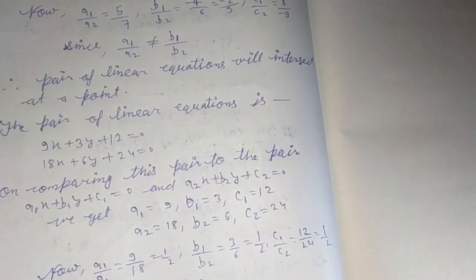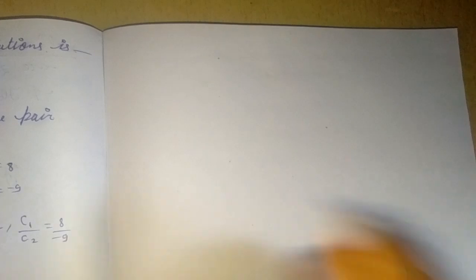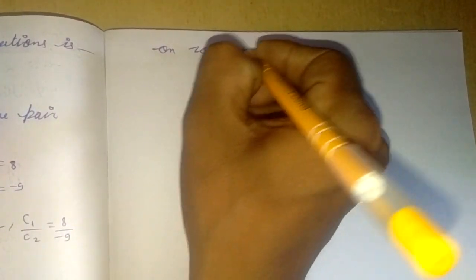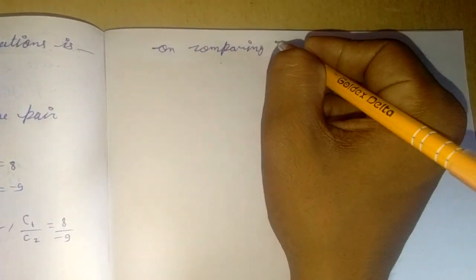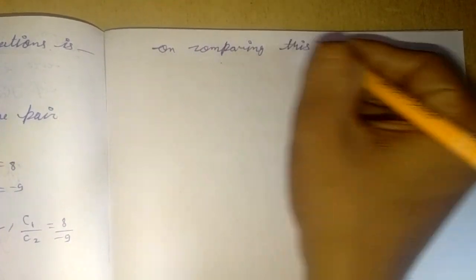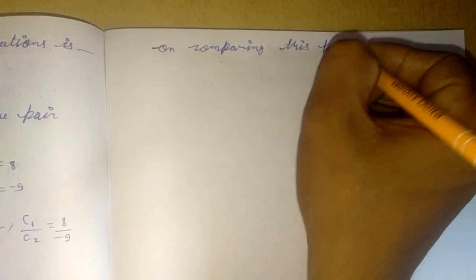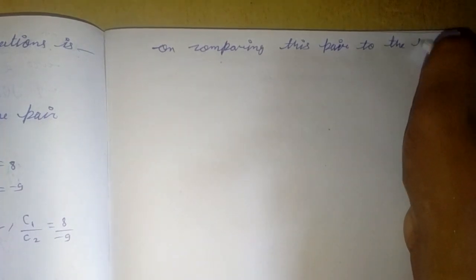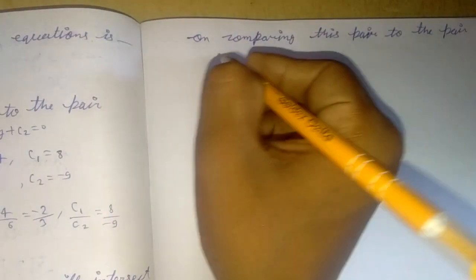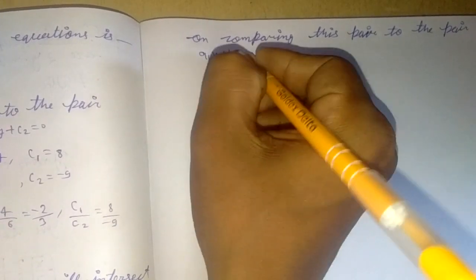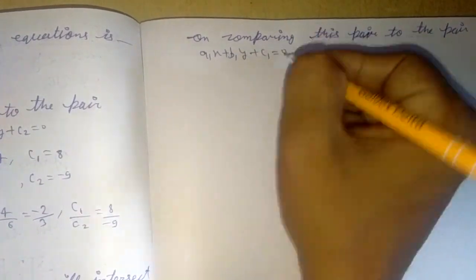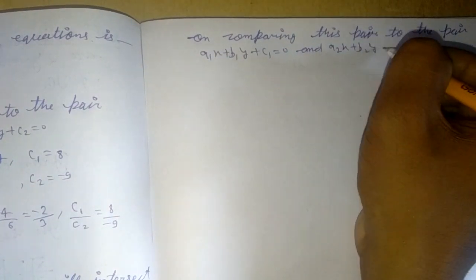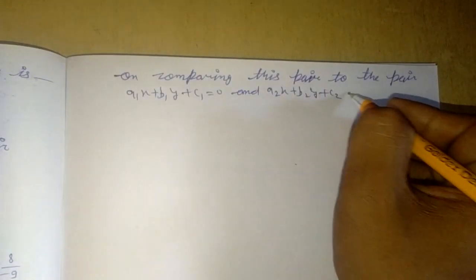Okay, so we will write here, on comparing this pair to the pair a1x plus b1y plus c1 and a2x plus b2y plus c2 equal 0.